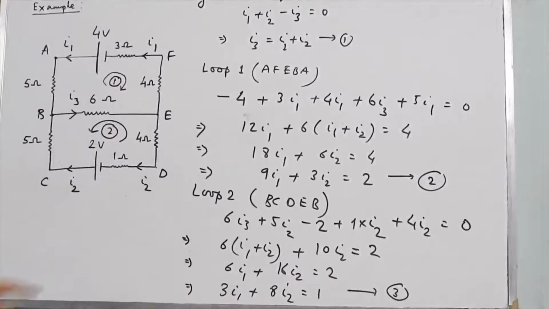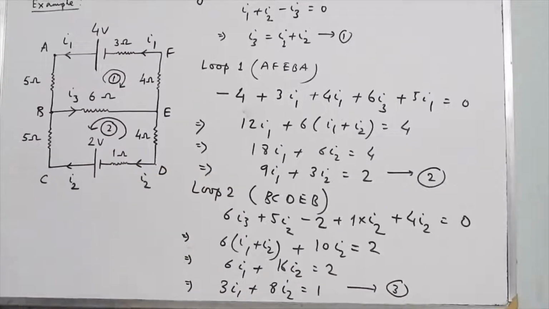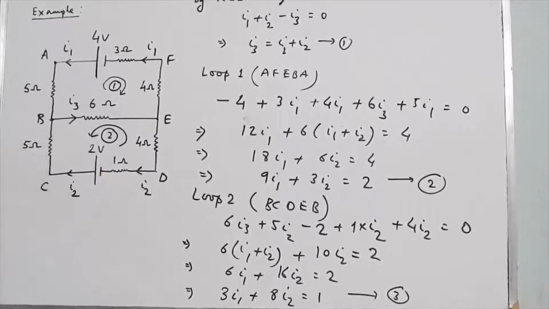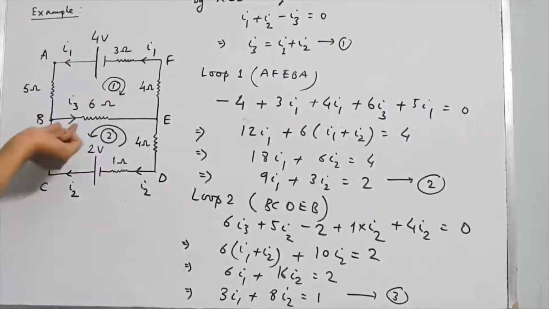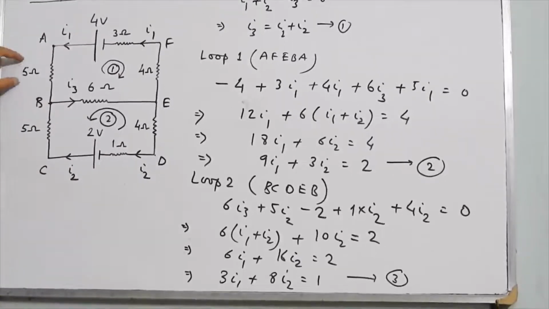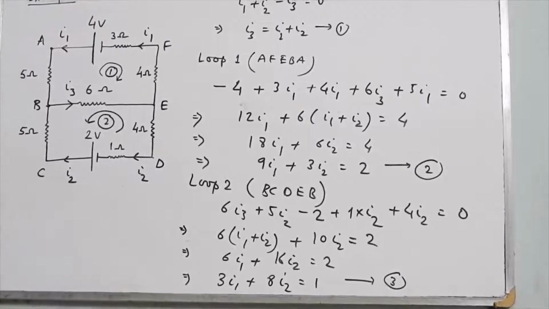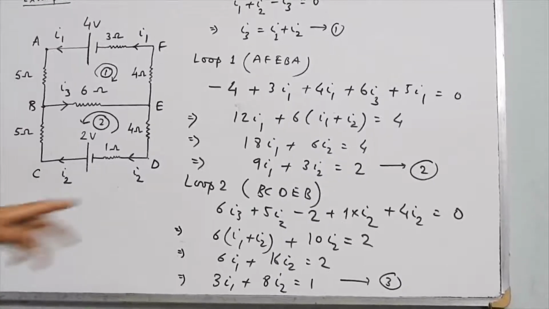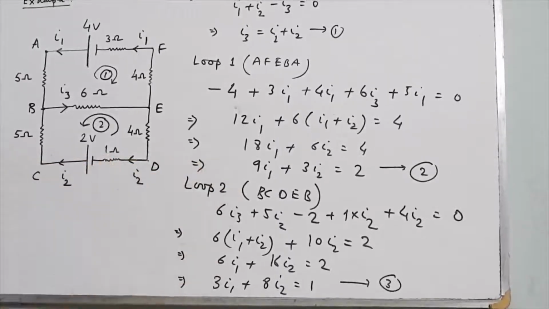Now we have to solve these two equations 2 and 3 and find I1 and I2, so that we can also find the current delivered by each of the battery. We can also find the current flowing through the 6 ohm and the potential differences across each resistance, that also can be determined if we can find I1, I2 and I3. So these two equations will be used to find I1, I2 and I3.